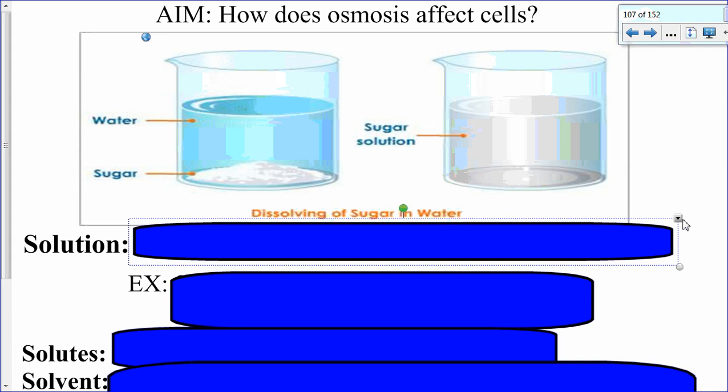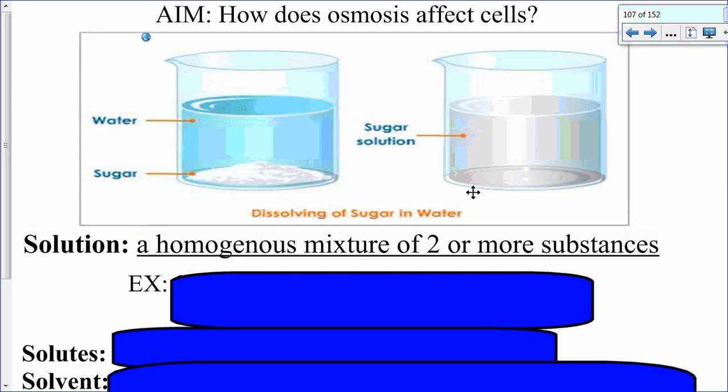And so solutions are basically a homogeneous mixture, a mixture that's uniformly distributed of two or more substances. Sugar water is a good example of a homogeneous mixture when we stir up or dissolve the sugar in water, or even salt water is a good example of a solution where salt is diluted inside some water.